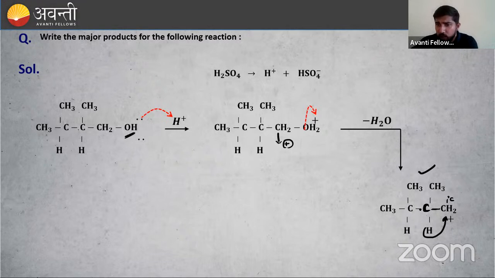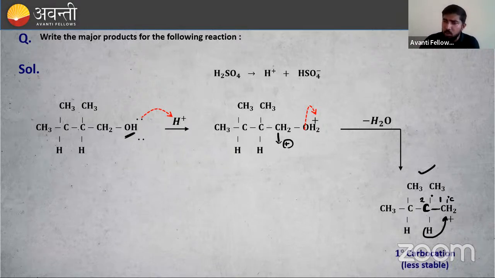Let me write this carbon with the positive charge as 1. The next carbon is 2. The second carbon has one hydrogen, his son, and he is sending the son to the next one to attain stability for the whole family. This is the primary carbocation. If this hydrogen leaves, this is known as a 1,2 hydride shift.